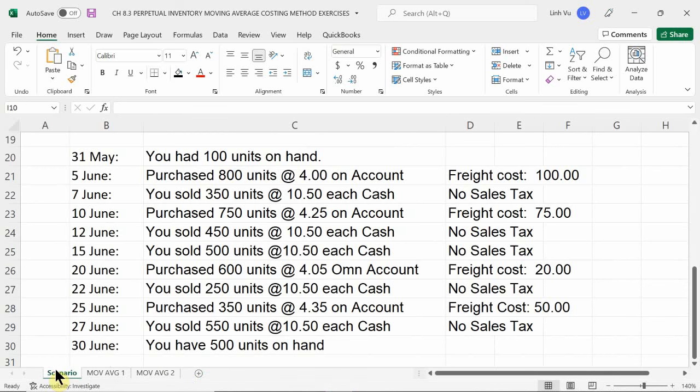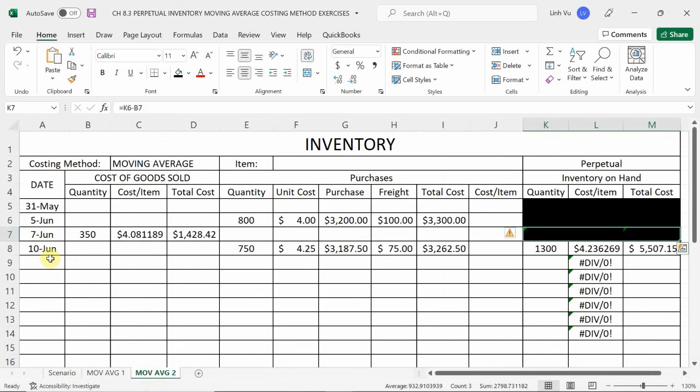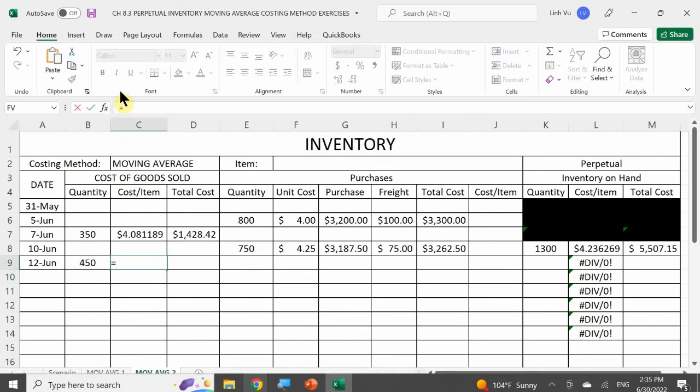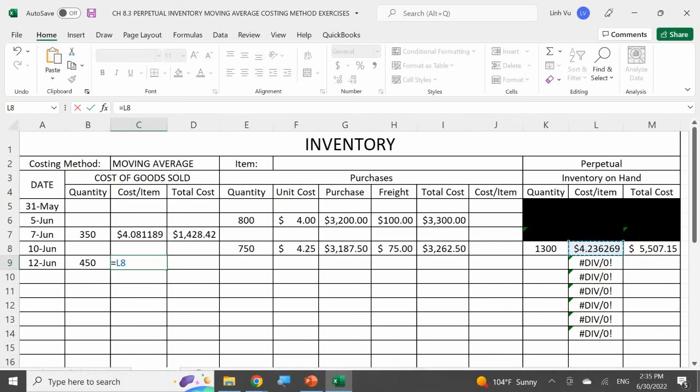Okay, so let's see what happened next. June 12th, we end up selling 450 units. So again, right now my average cost per item is that 4.236269.